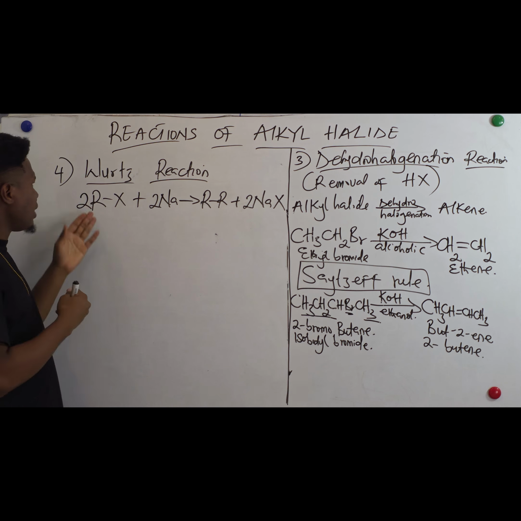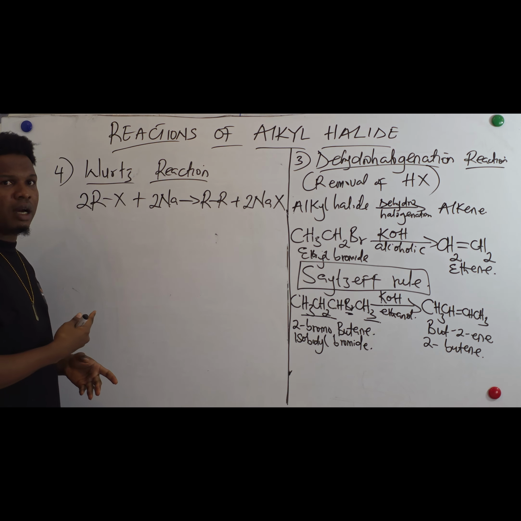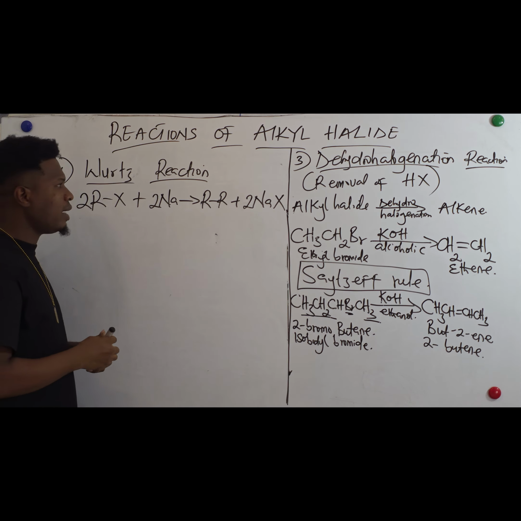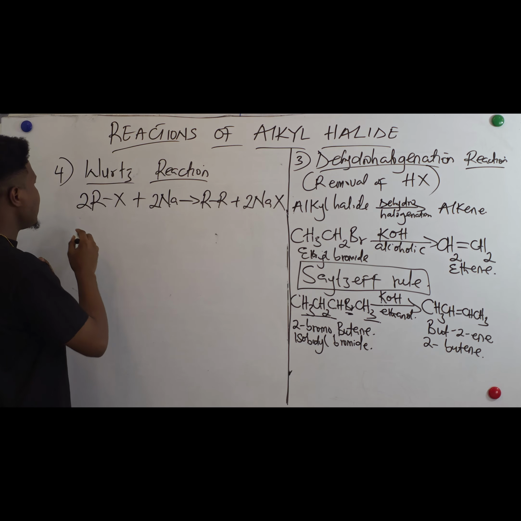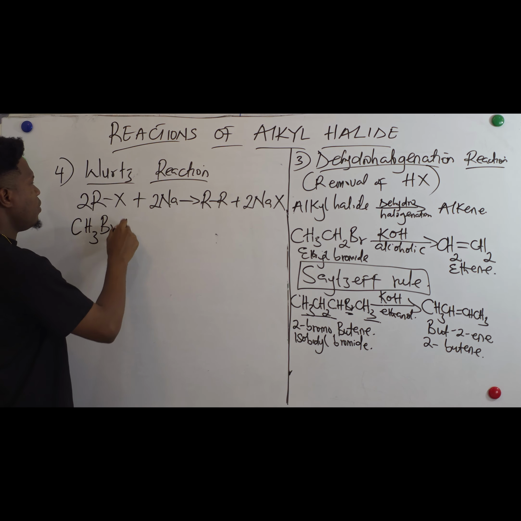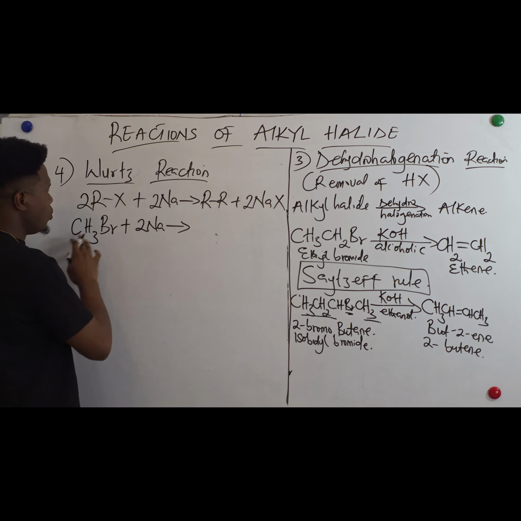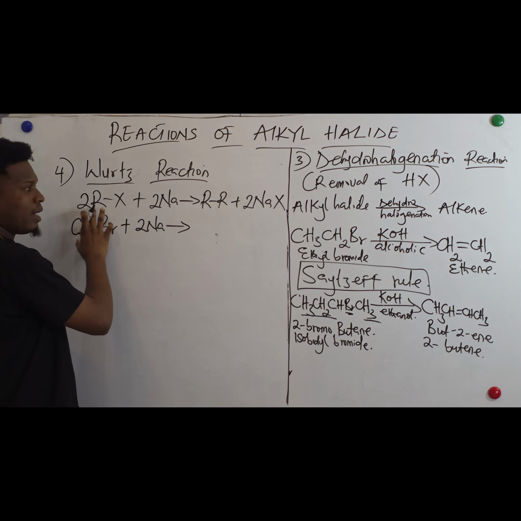So in this reaction, the alkyl halide reacts in a chain reaction to produce this. For example, let's use CH3Br as a case study, reacting with sodium. The methyl group will react with itself.